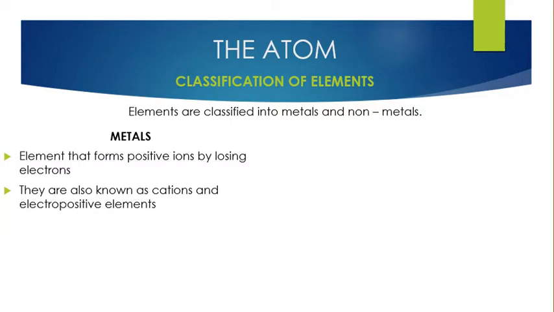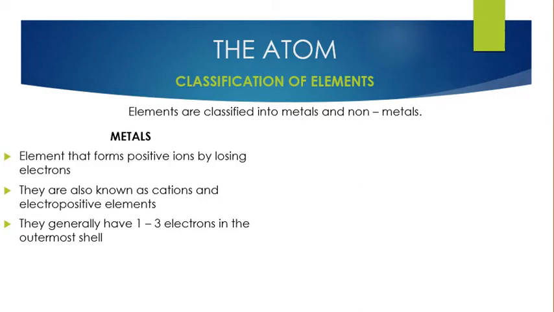Then last but not least, metals are generally elements that have 1 to 3 electrons in the outermost shell. So let's say the element lithium, which is the third element on the periodic table, when we make its electronic configuration, it will have 1 electron in the outermost shell.